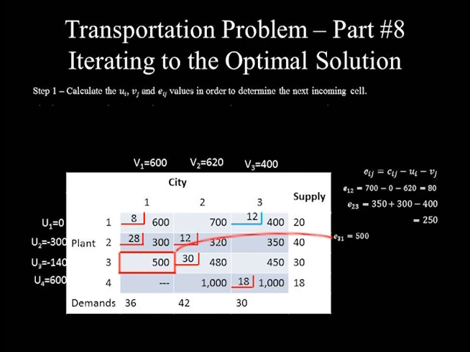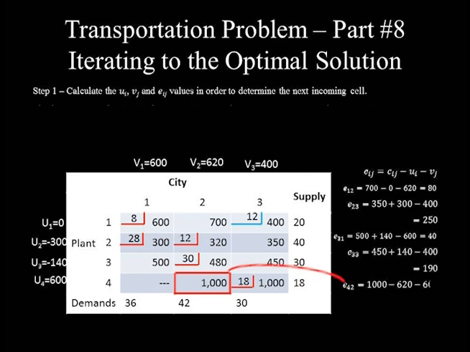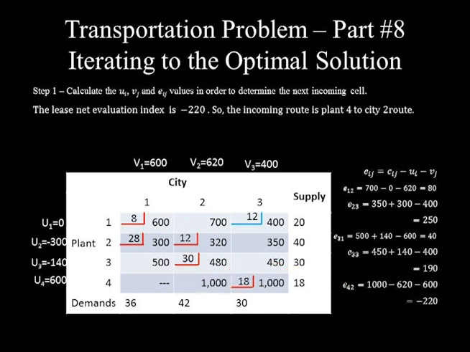E31 is equal to 500 minus negative 140, which is positive 140, minus 600, which is equal to 40. E33 is equal to 450 minus negative 140, which is plus 140, minus 400, which is equal to 190. And E42 is equal to 1000 minus 600 minus 620, which is equal to negative 220. Since negative 220 is less than 0, the cell at the intersection of row 4 and column 2 is the next incoming cell.